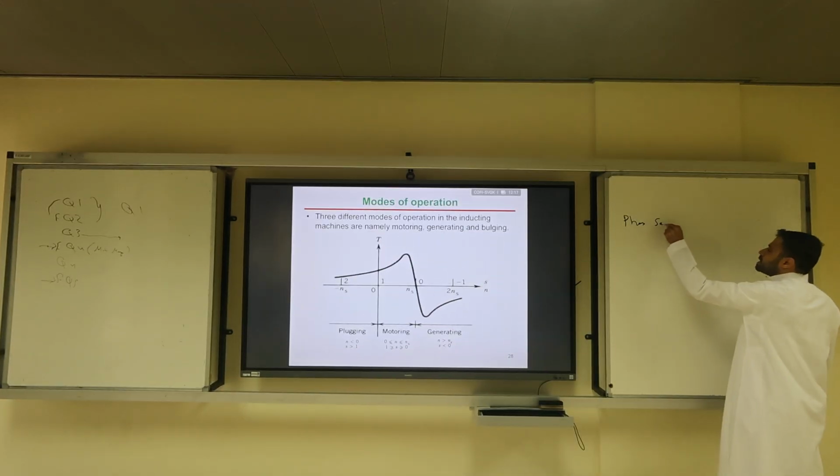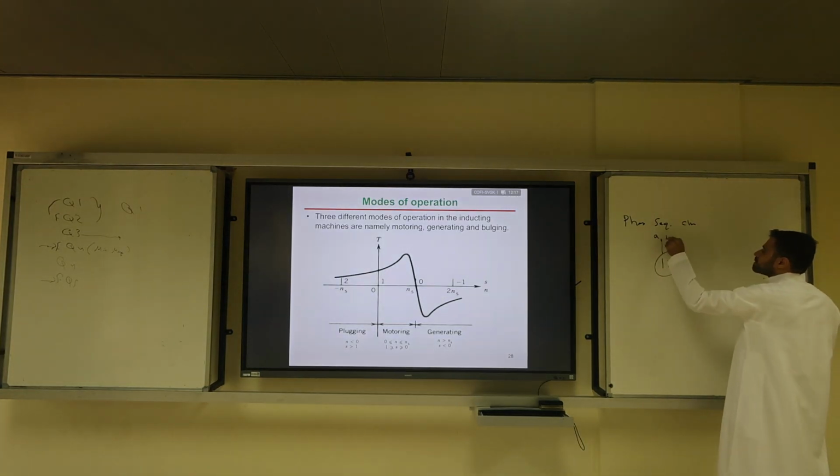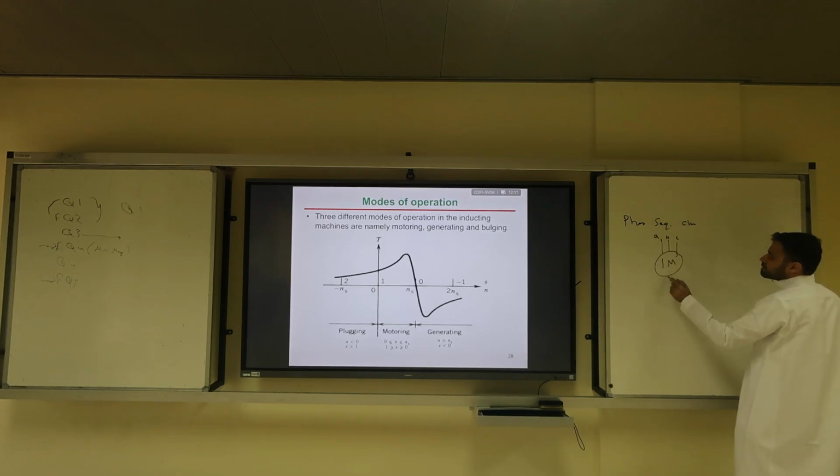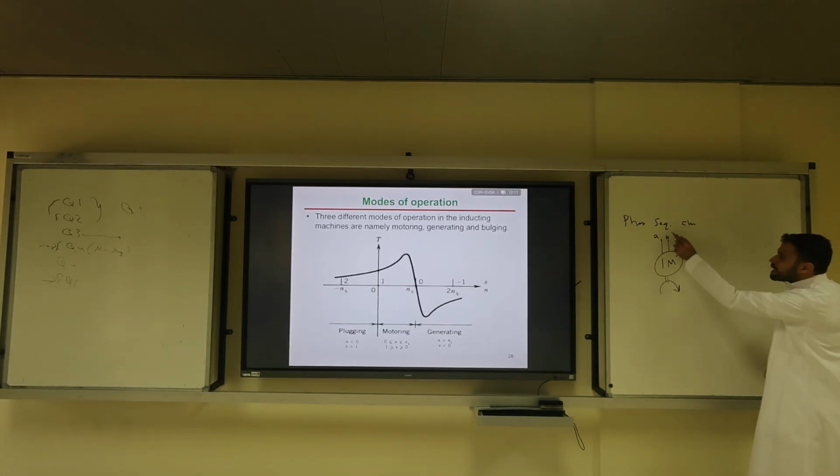You have your induction machine with A, B, C. For some reason, here is your shaft rotating clockwise. You keep the shaft direction rotating this way, but you only swap C with B.